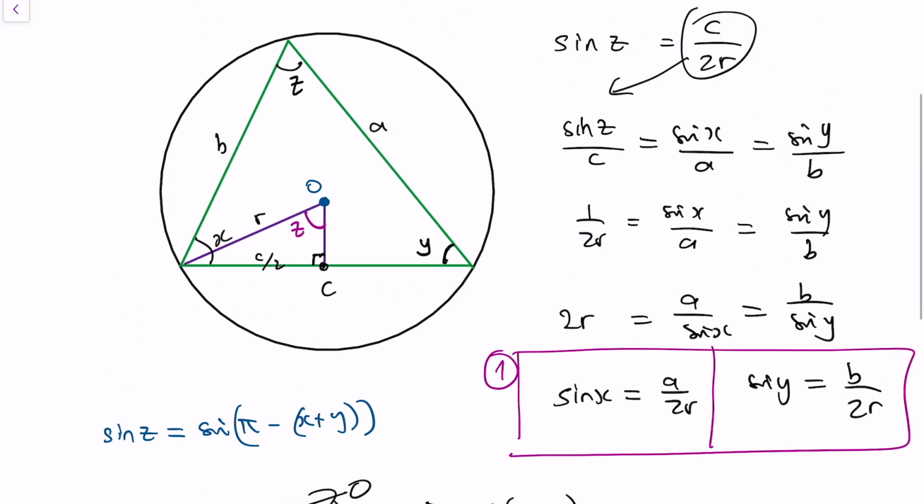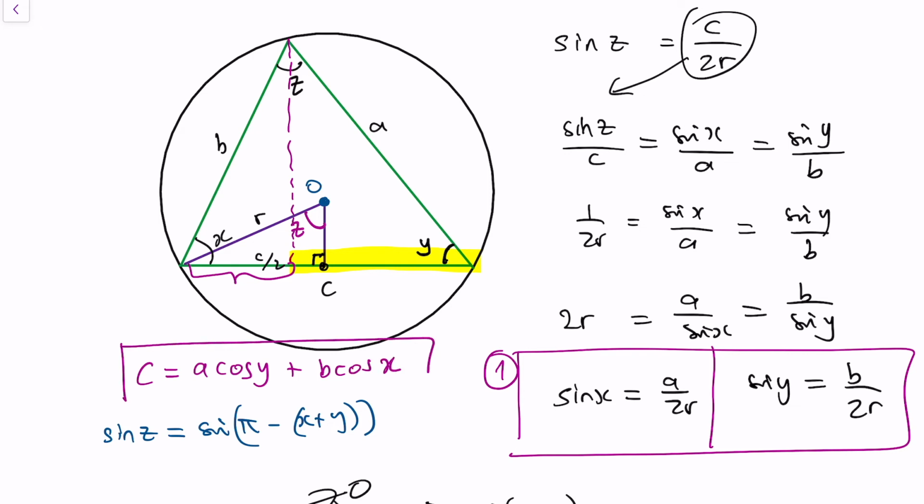But looking at this bigger triangle again, if we drop a perpendicular from there to there, the length c will be the sum of these two lengths, so that plus that, right? So the highlighted length is simply a cos y, and this length here will be b cos x, right?